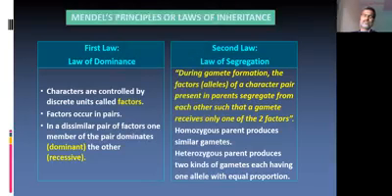He gave one law called law of dominance, in which characters are controlled by discrete units called factors, and those factors always occur in pairs. In a dissimilar pair of factors, one member of the pair dominates, which we call dominant, and the other is called recessive. The second law is law of segregation.